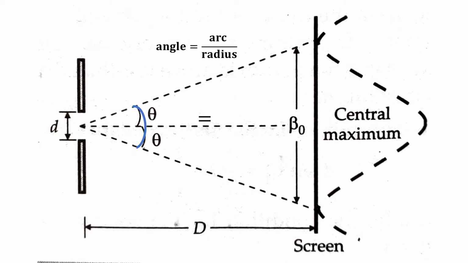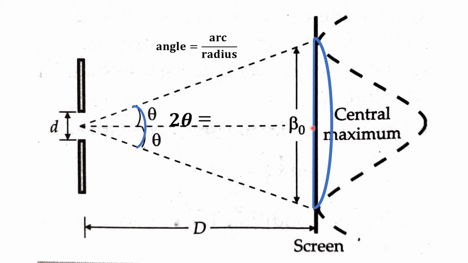In our case, this is my angle, twice of theta. So angle equals arc upon radius. In this case, our arc is this one. Now note the distance of this arc and this distance, which is beta naught.